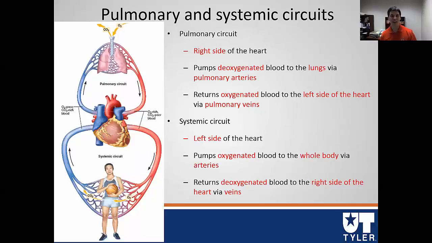So if we think about the cardiorespiratory system as a functional unit and put the two of them together, we can break them into two halves, right? So first we have the pulmonary circuit. This includes the right side of the heart, and what I mean by right side of the heart is the right atria and ventricle.